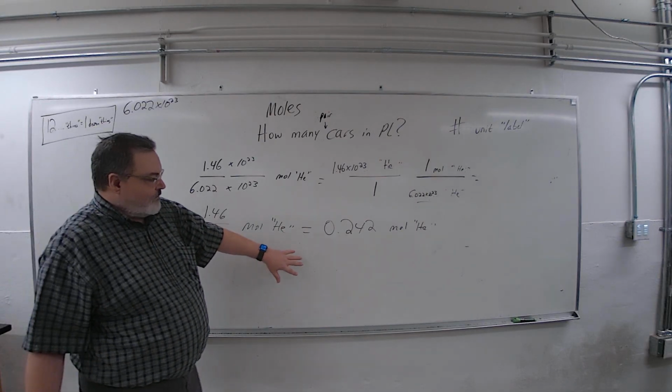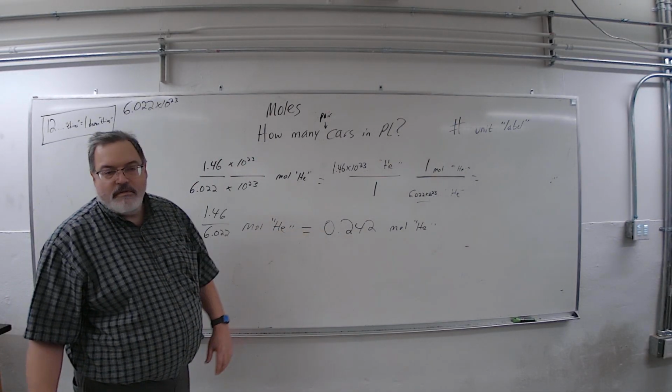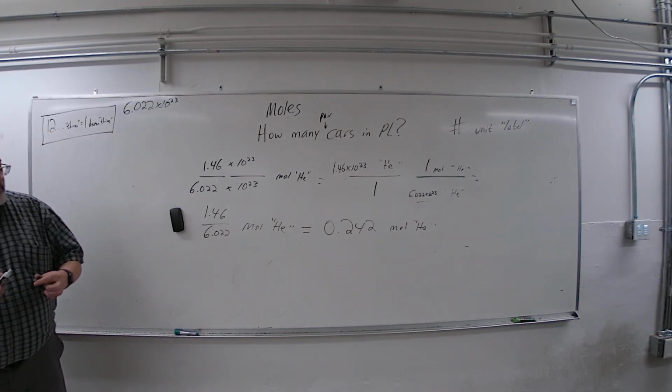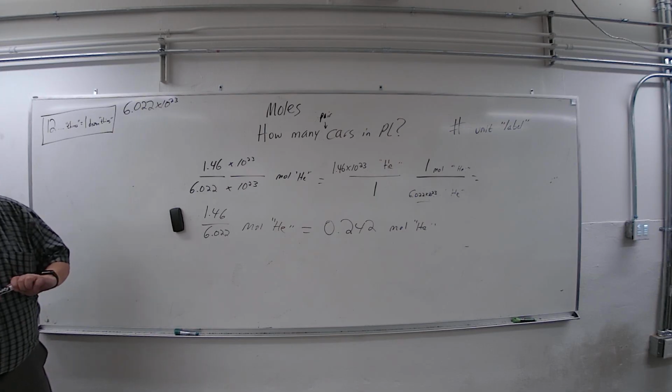And one of the reasons we use that huge number is it keeps us being able to use numbers around this order of magnitude. It saves us a lot of trouble.